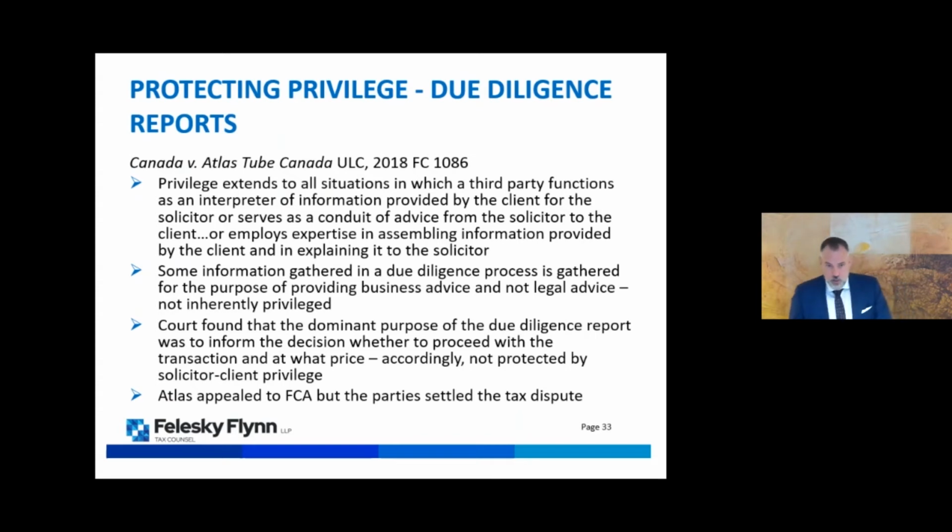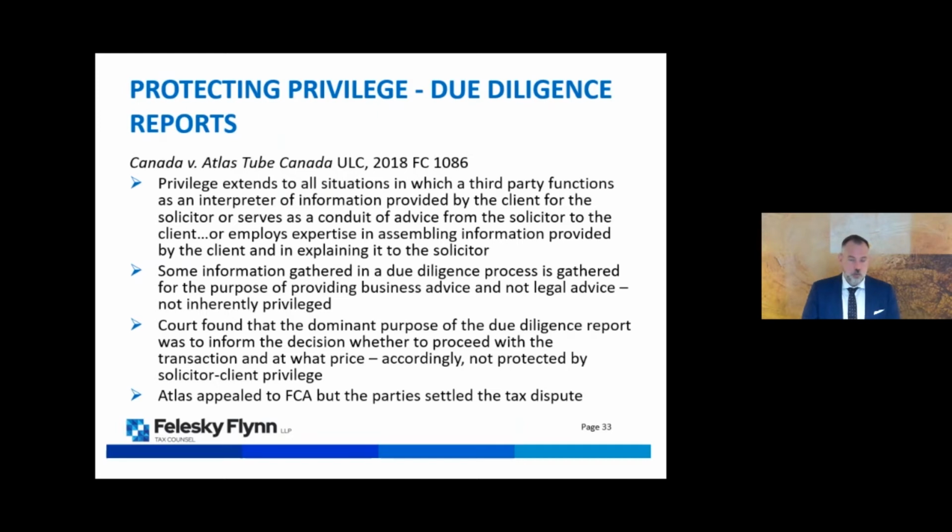Good news from the decision is that the federal court clarified and confirmed that where a third party, in this case the accounting firm, functions as an interpreter of information provided by the client for the solicitor, or serves as a conduit of advice from the solicitor to the client, or employs expertise in assembling information provided by the client and in explaining it to the solicitor, those things can be privileged.